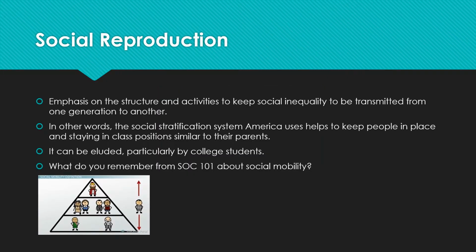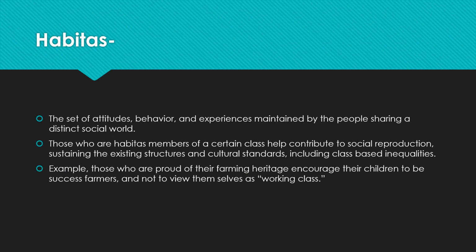So you have social reproduction, which helps structure the activities that allow social inequality to be transmitted from one generation to the next. And in order for that to happen, the social reproduction groups follow this habitus to keep the existing structures and cultural standards existing.